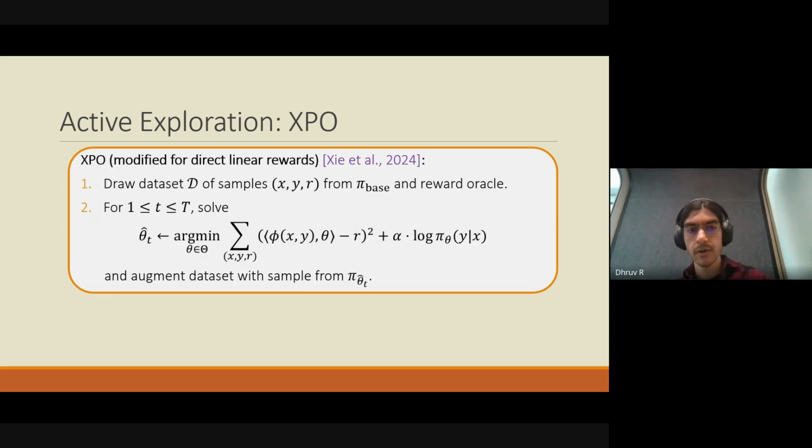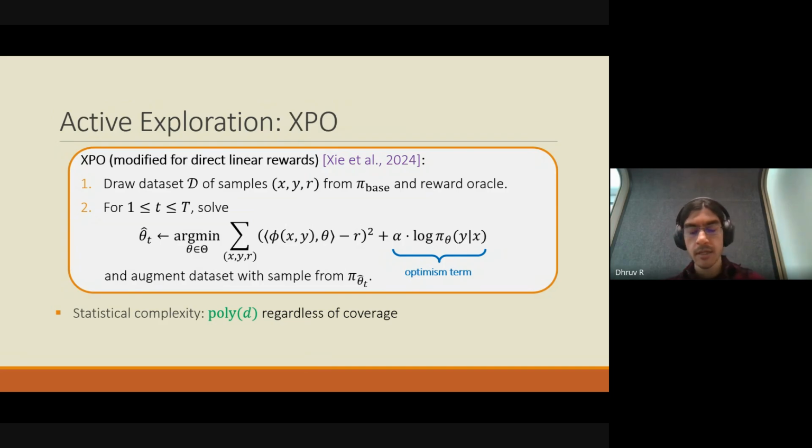Now let's turn to some maybe RL theory algorithms, namely XPO. So this is some recent work where they take iterative DPO and they modify the objective at each iteration slightly. It's a little opaque what exactly this modification is doing, but one can show that it's behaving essentially like an optimism term that's incentivizing exploration in some way.